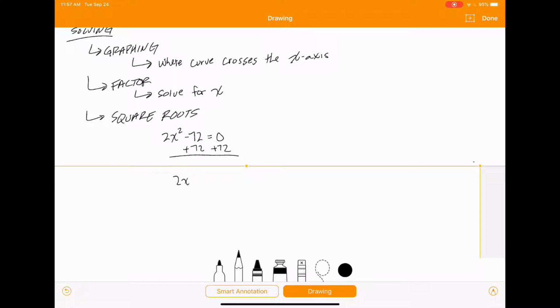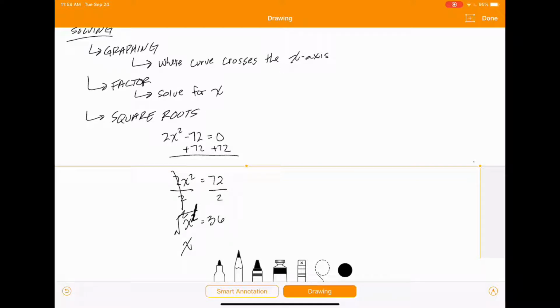So we're going to be left with 2x squared equals 72. Divide each side by 2. And we'll get x squared equals 36. And then at this point, in order to get rid of this squared here, the opposite of squaring something is taking the square root of it. So these here will cancel and you'll be left with x.